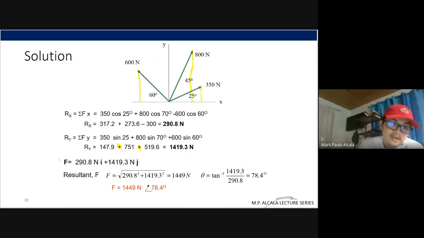So the force vector form is 290.8 i hat plus 1419.3 j hat. And for the magnitude, using the Pythagorean theorem, we know this already. And the direction angle is arctan of Fy over Fx. So that gives us 1449 Newtons and 78.4 degrees for the direction.